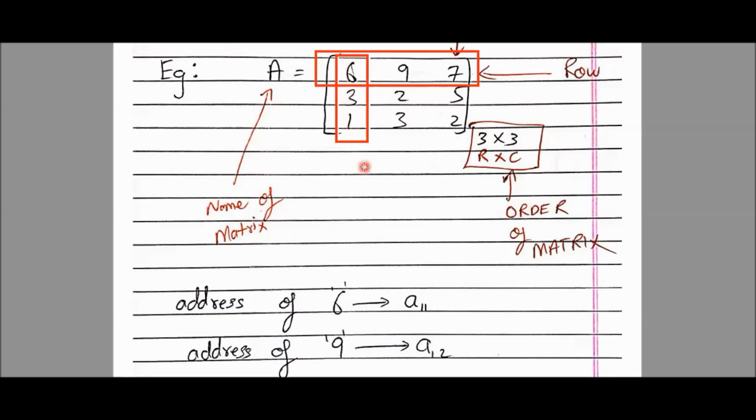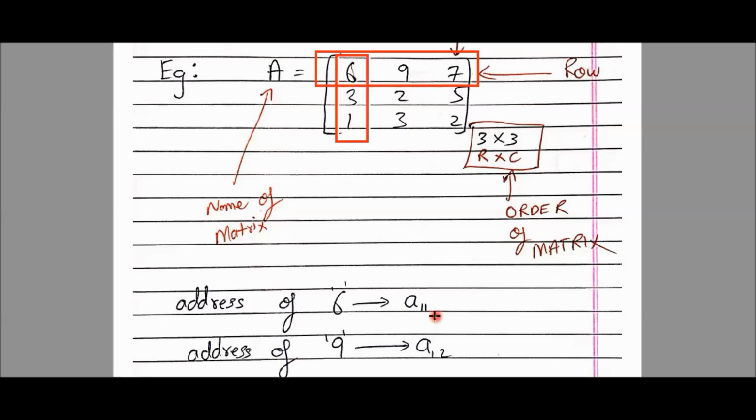So students, the address of any element is written in the subscript. Can you see here 1 1? Don't call it eleven. The first number denotes the row number and the second number denotes the column number. So 6 belongs to the first row, and always the row number comes first, and the first column.